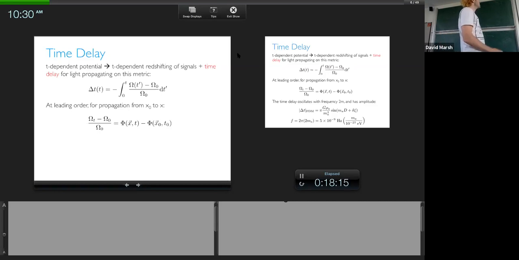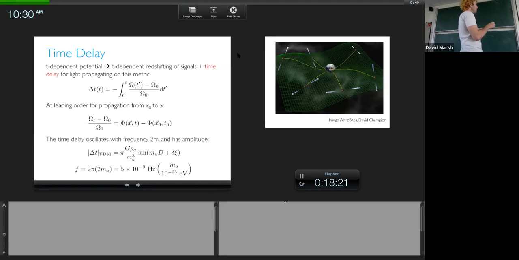Right. Okay, so here's the expression for the integrand. And this time delay oscillates at the frequency the potential oscillates. So it has a frequency of 2 times the axion mass, and it has an amplitude given by the following expression, which you can just work out from these integrands and our solution for 5 from before.